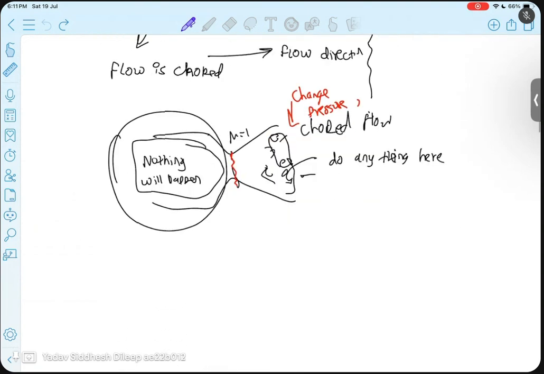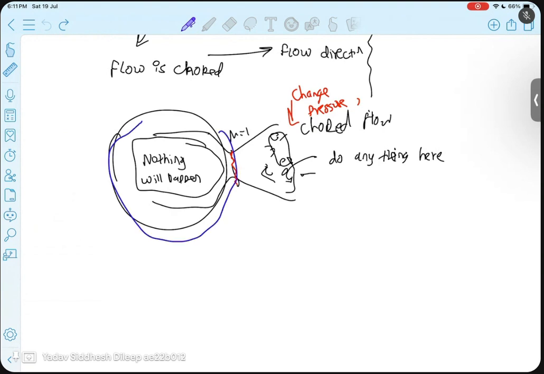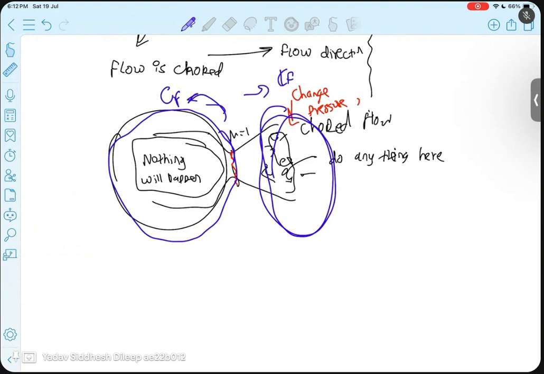What does it mean? It means that when your flow is choked, whatever is happening over here cannot affect the combustion chamber. It means that before here, C star. After here, CF, Isp. When you are firing your rocket engine in space, in water, in lava, at sea, or on land, the combustion chamber performance will not change wherever you fire the engine.